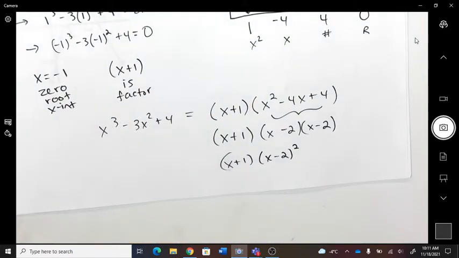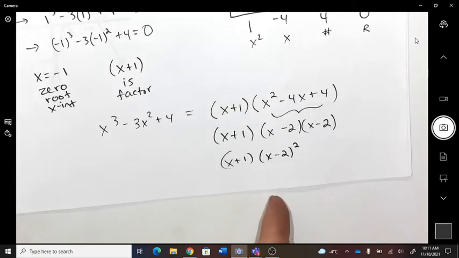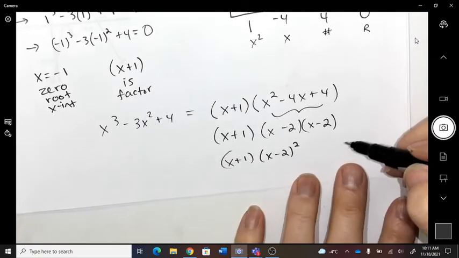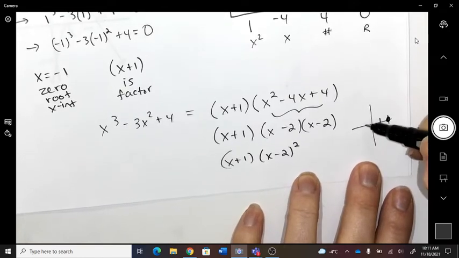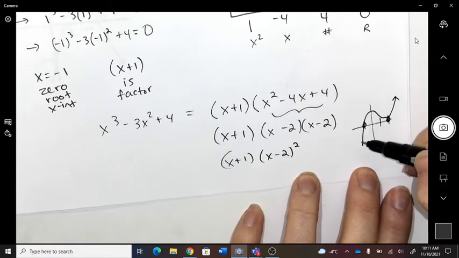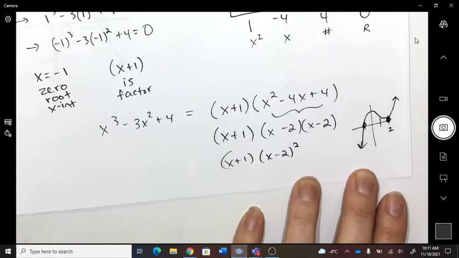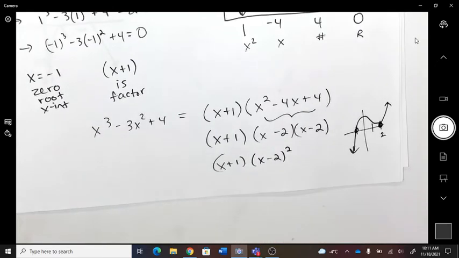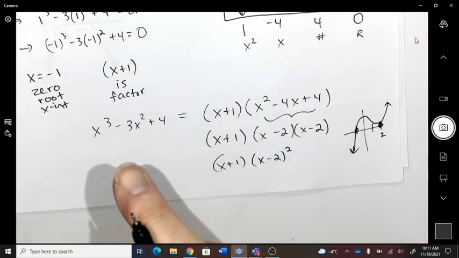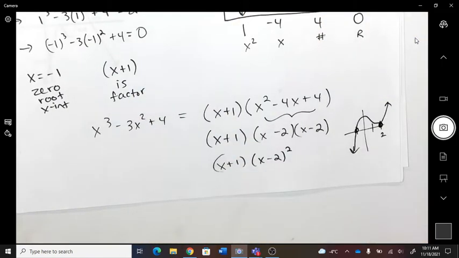Because when you would graph this, if I ever asked you to also graph it, what would you be doing? At 2? At 2, you'd be bouncing, right? Okay. So this is all about connecting synthetic division. You might have to factor it, and then you might also have to graph it as well. You can connect all those pieces together.